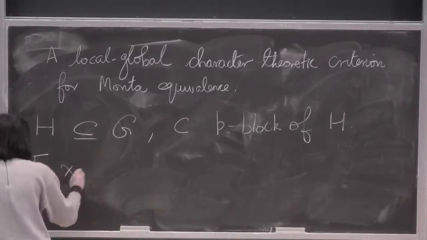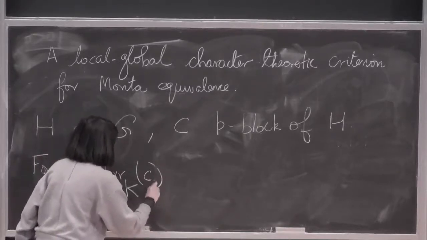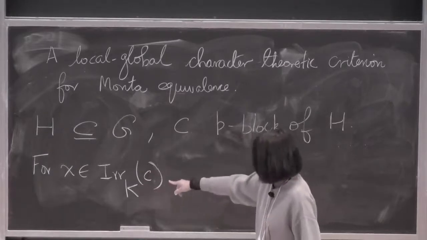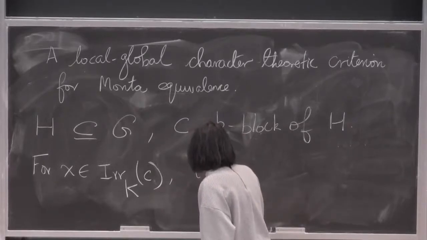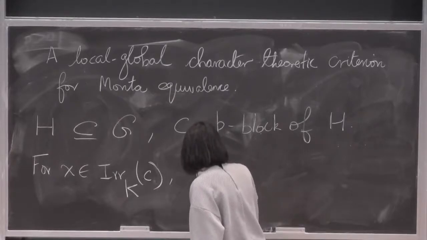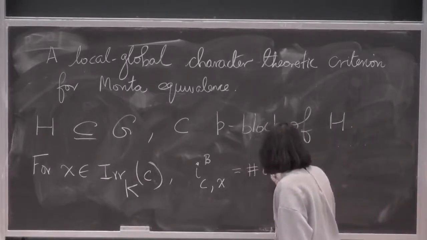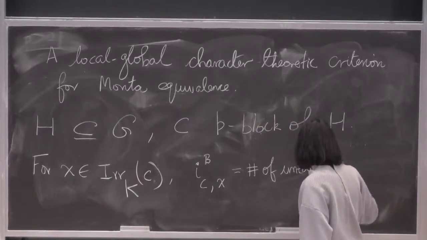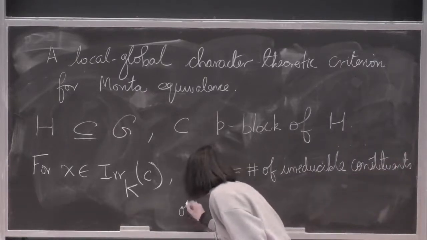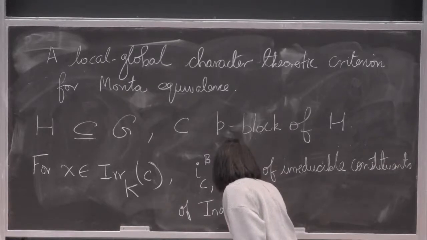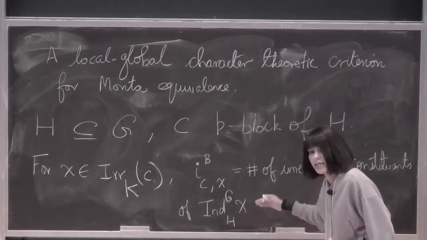So for chi, an irreducible ordinary character of H in the block C, I'm going to define the integer I from C to B of chi to be just the number of irreducible constituents of the induced character from H to G of chi which appear in the block B that I'm interested in.